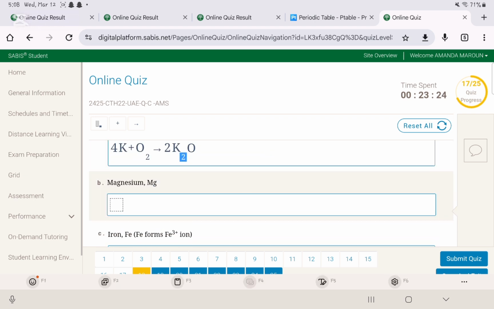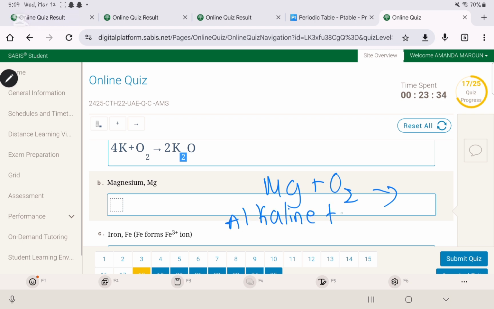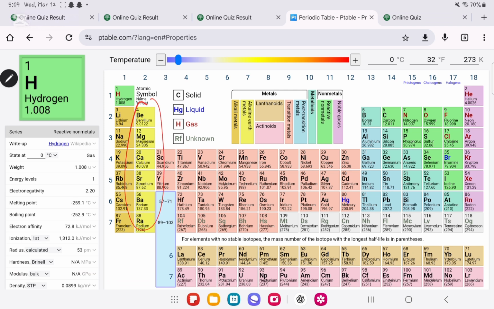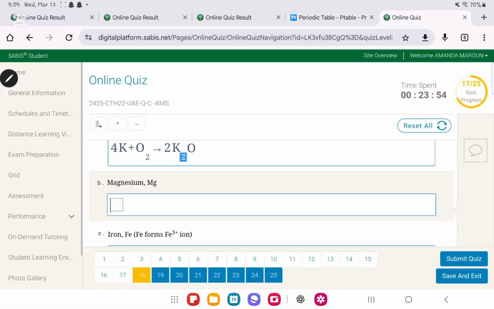Okay, we move on to part B, magnesium. You should know that magnesium plus oxygen will form something. Magnesium is an alkaline metal, so alkaline plus oxygen will form an alkaline oxide. Okay, now let's do the crisscross method. Alkaline metals are over here, so that means they have a charge of 2+, or an oxidation number of 2+. So it's Mg2+ and O2-.